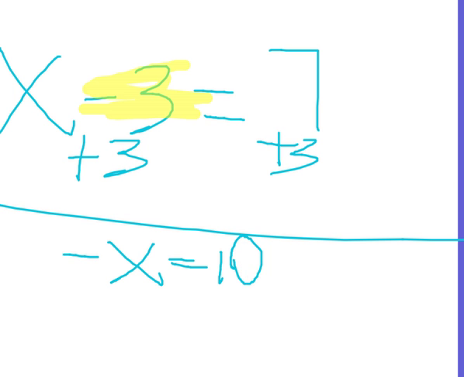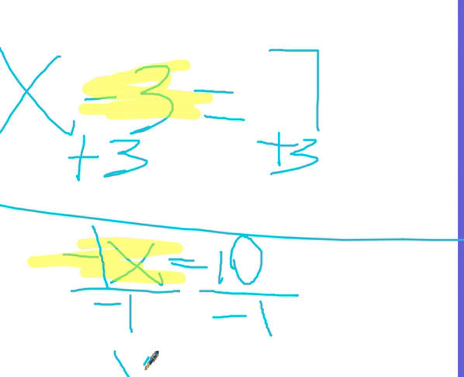Well, I'm not done because my x is negative, and I know that there's a 1 in front of the x when no other number is there. So a negative 1 divided by a negative 1, and 10 divided by negative 1, because I have to do it on both sides. So I'm left with negative 10 as my answer. X is positive, it means it's happy, and there's my answer.